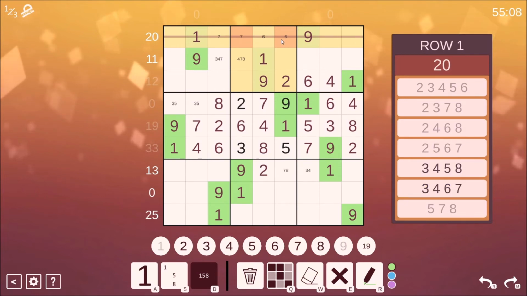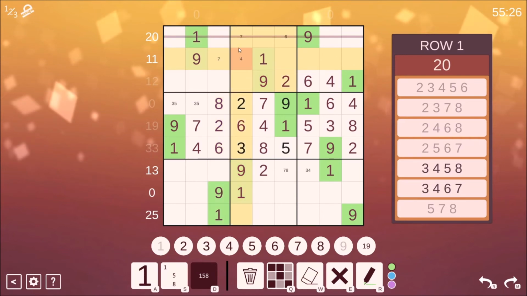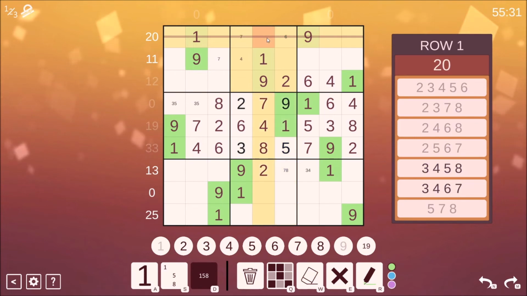So let's see what would happen if they were in these spots. If we have a 6 and a 7 here, we would have a 4 here, and a 7 here. So now our 3 would have to go here, and our 4 would have to go here.